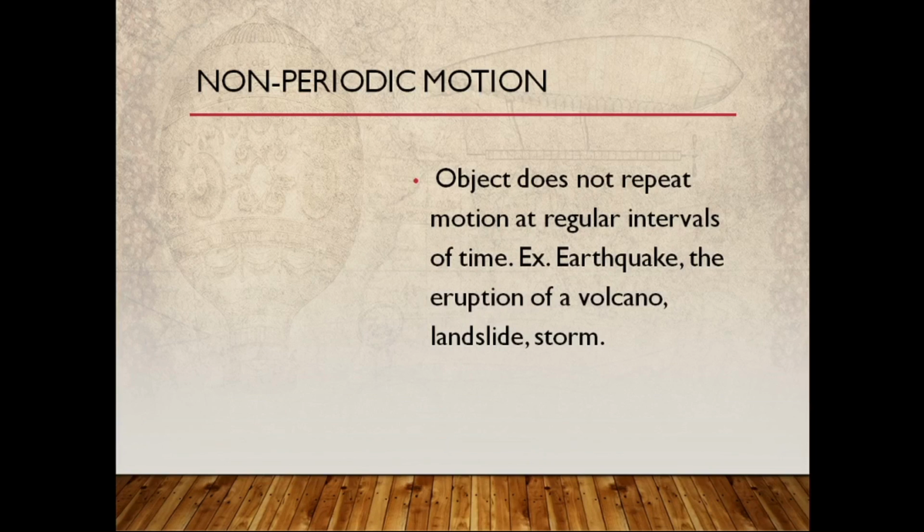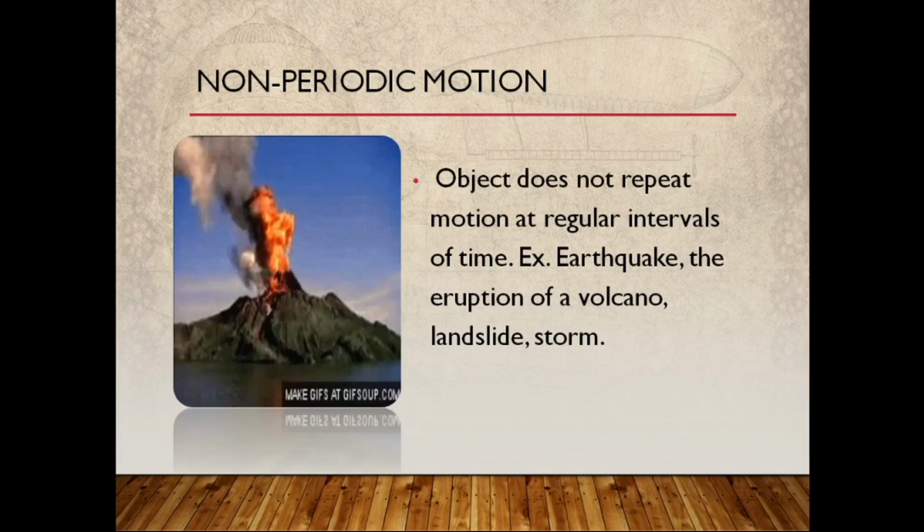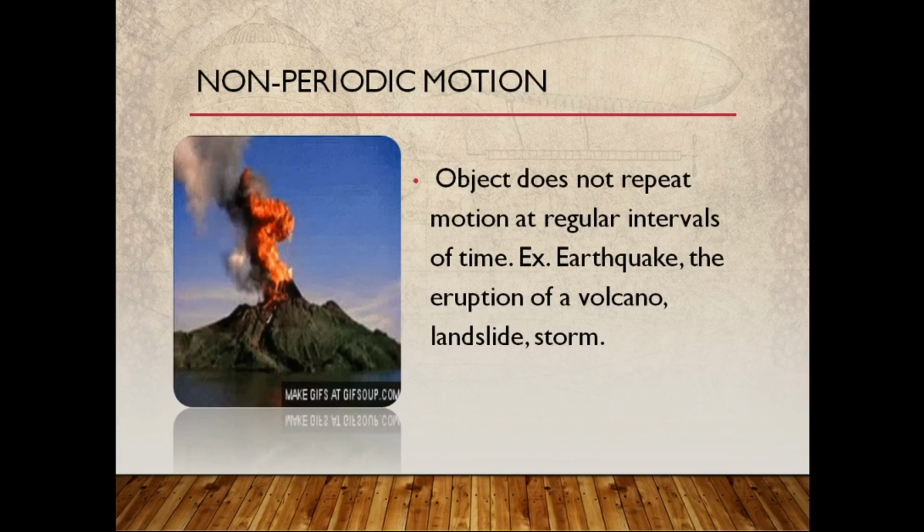You all know earthquakes or volcanic eruptions. They never repeat after a regular interval of time. These are all uncertain. They can occur anytime. Landslides, they can occur anytime. Storms can appear anytime. So these are all non-periodic motions. Understand?